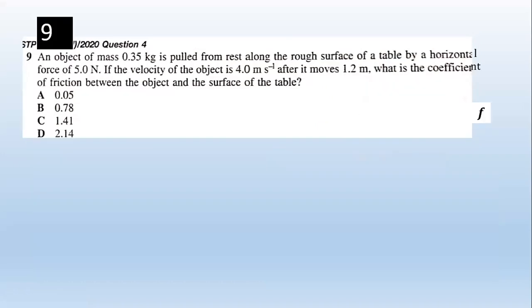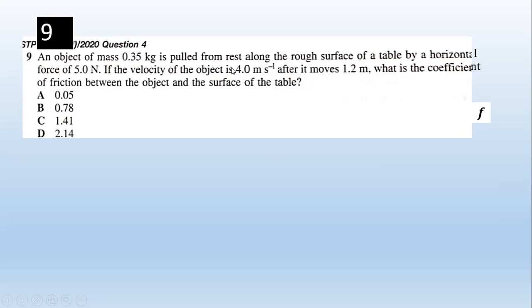Okay, let's try one more. This is 2020. An object of mass 0.35 kilogram is pulled from rest along the rough surface of a table by a horizontal force of 5 Newton.